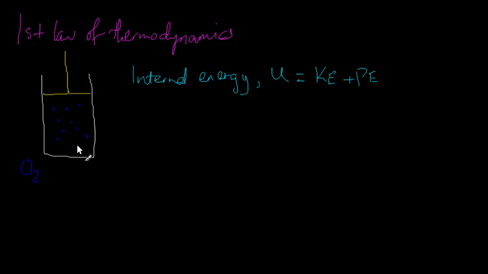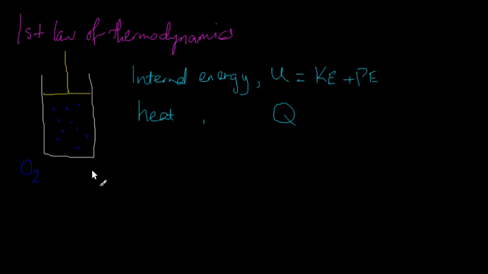Now the next thing that I want to think about is heat. I represent that by the symbol Q usually. So that's heat. So what is heat? Heat is the transfer of energy, as we have seen, from outside to inside or inside to outside of a body.